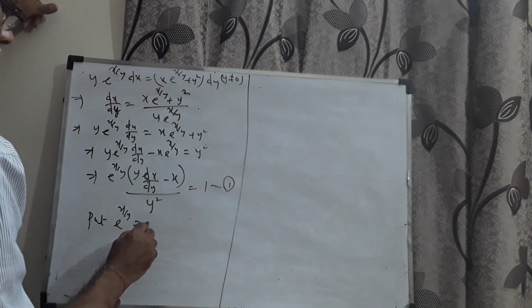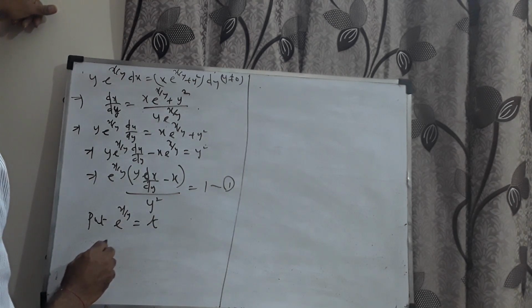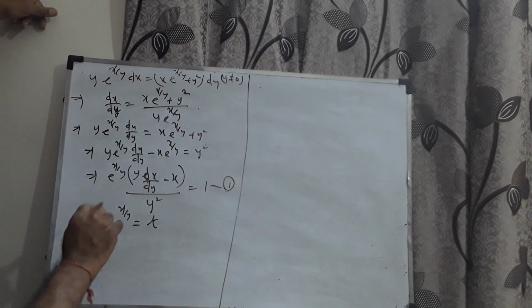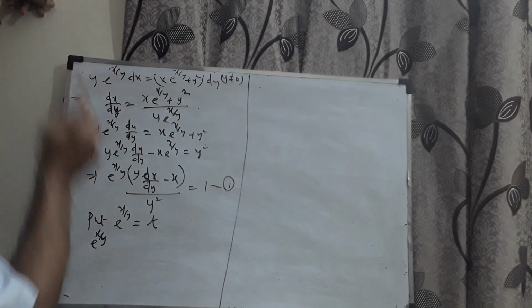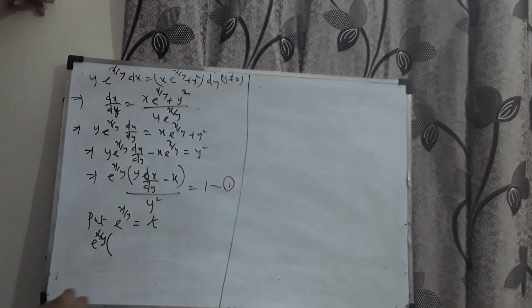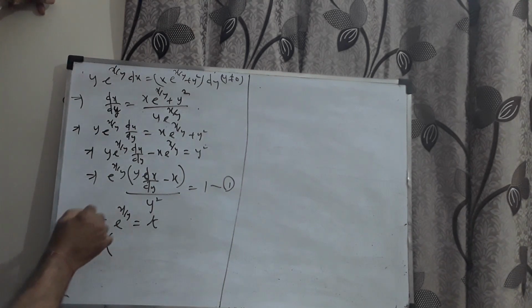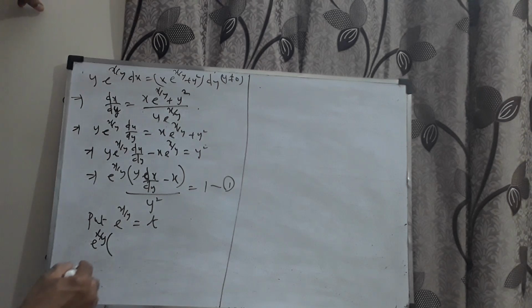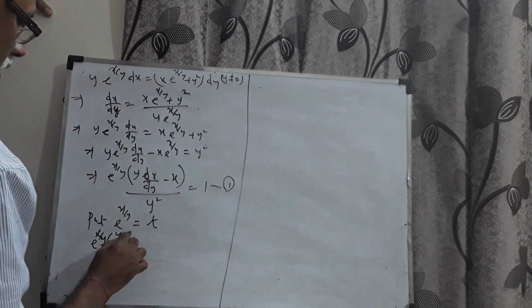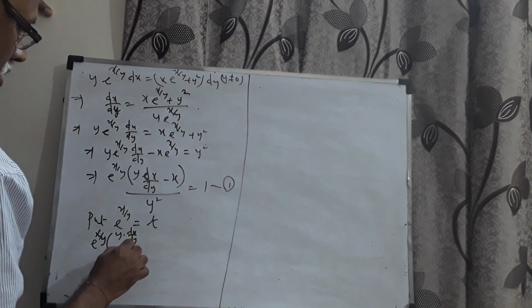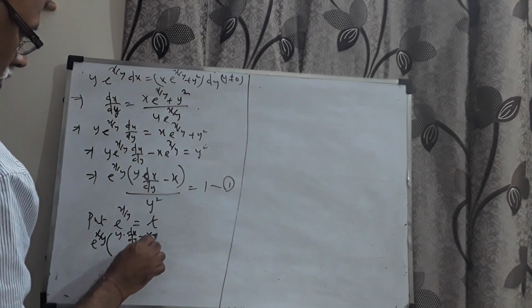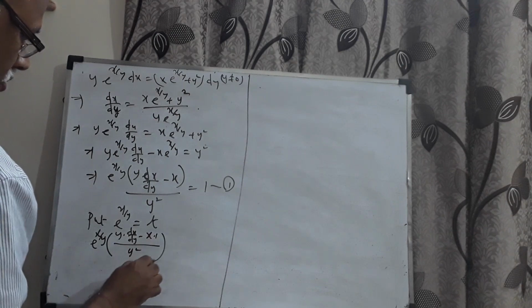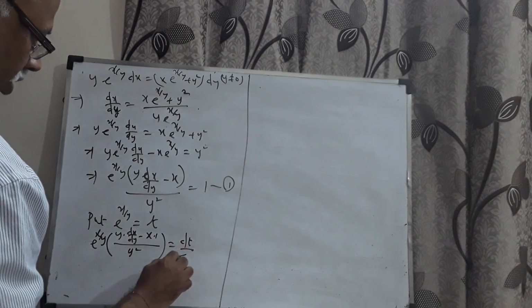Now listen carefully. I am going to use a suitable substitution. e^(x/y) is equal to t. Now let me differentiate with respect to y everywhere. e^(x/y) into, applying the division rule, (y dx/dy minus x into 1) by y² is equal to dt/dy.